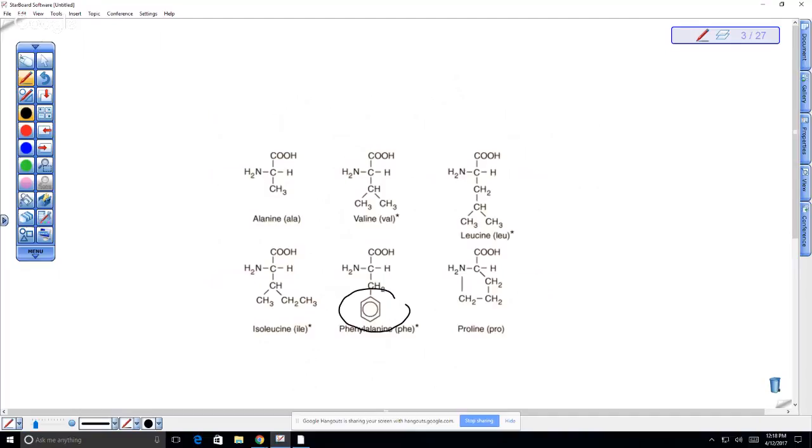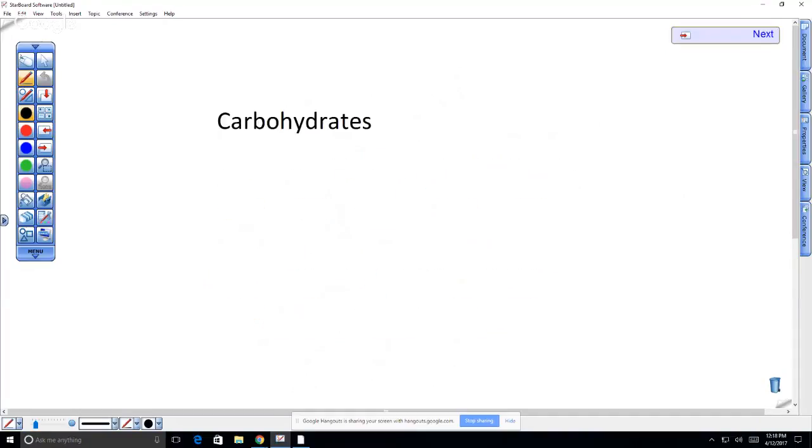Okay, so the first group of organic molecules that I want to talk about are the carbohydrates. So carbohydrates are essentially sugars. And so they are really important in energy. Right? So we obtain food not only for nutrients, but also sometimes for energy.